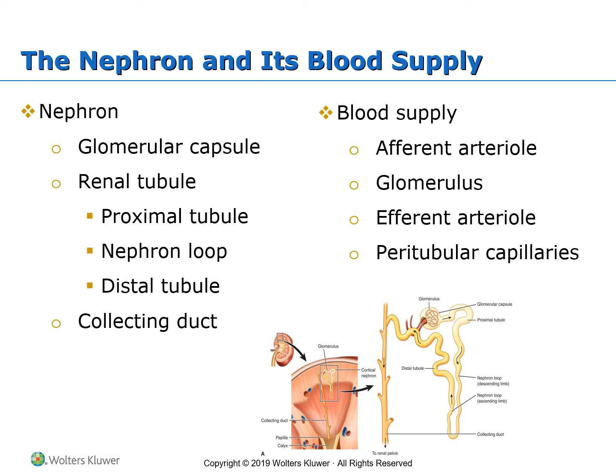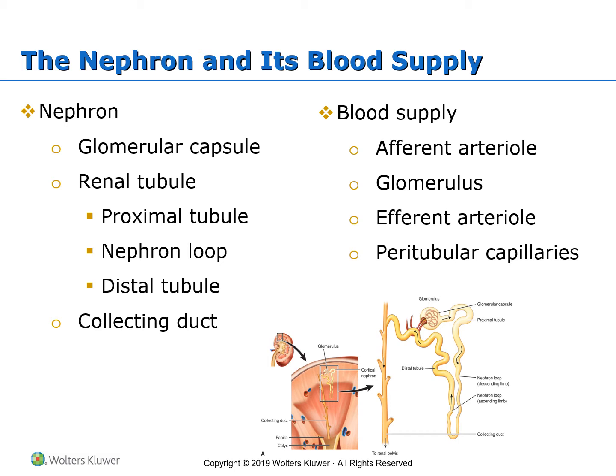The rest of the tube continues from the glomerulus with the long tail that you can see in the image. It is a system of tiny coiled tubes of different diameters and different positioning, and they are called the renal tubule.